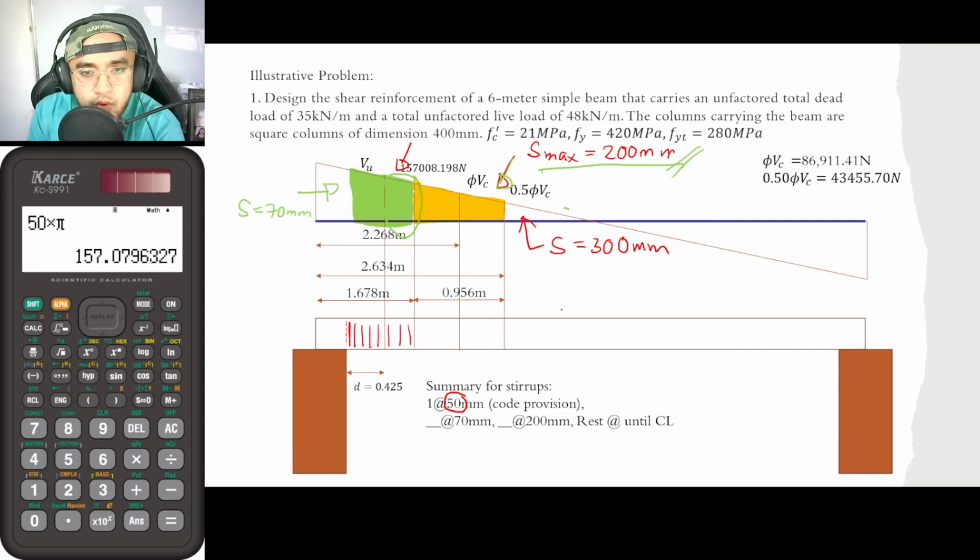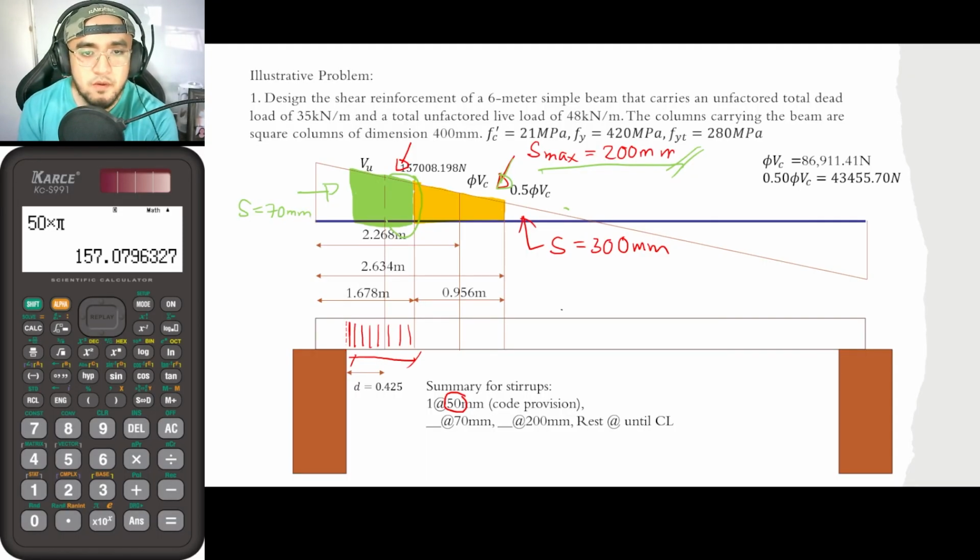Okay. So how can we solve for the number of stirrups towards that direction? Just get this particular distance, I should say. So, kunin nyo lang naman po yung distance po na ito. From this point to this point. Then, divide it by 70 mm. So, from that distance, so if this is 1.678, as you can see here, this is 1.678.